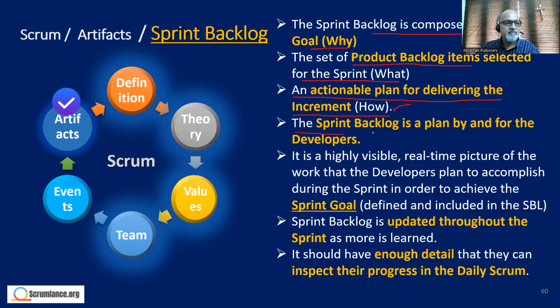Then the sprint backlog is a plan by and for the developers. It is a highly visible real-time picture of the work that the developers plan to accomplish during the sprint in order to achieve the sprint goal defined and included in the sprint backlog. The sprint backlog is updated throughout the sprint.